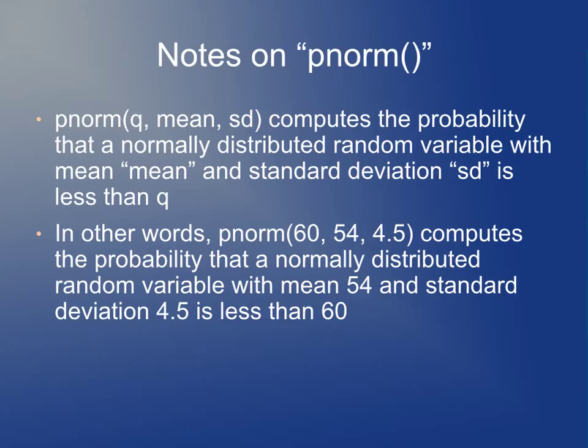The general syntax for pnorm is pnorm(q, mean, sd). That computes the probability that a normally distributed random variable with mean and standard deviation sd is less than q. So in the example I just gave you, pnorm(60, 54, 4.5) is the probability that a normally distributed random variable with mean 54 and standard deviation 4.5 is less than 60.